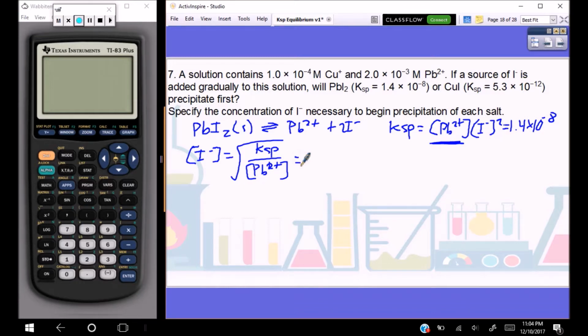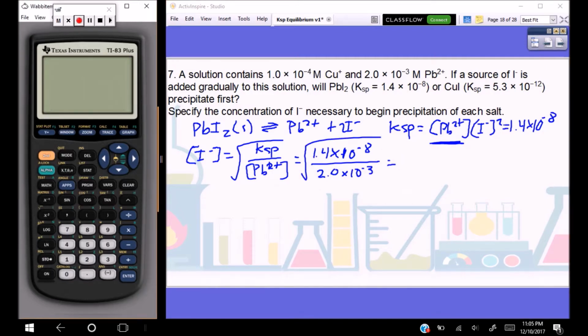So I can plug in 1.4 times 10 to the negative 8th, and that is over my lead concentration, 2.0 times 10 to the negative third, square root that. Let's plug it in and see what we get.